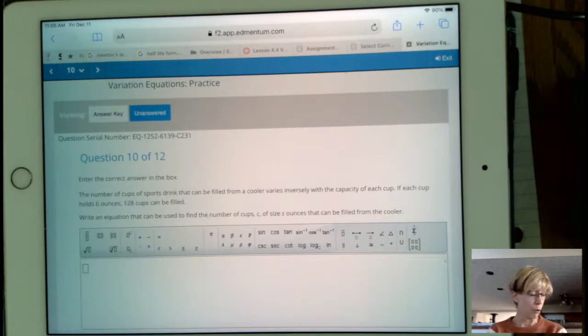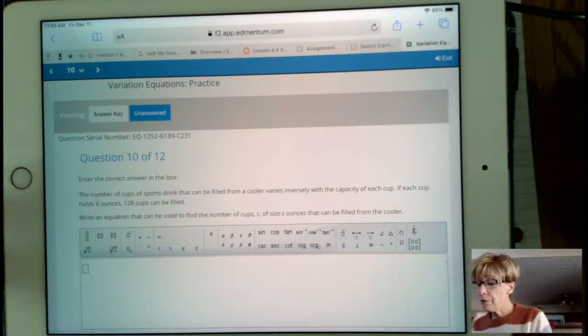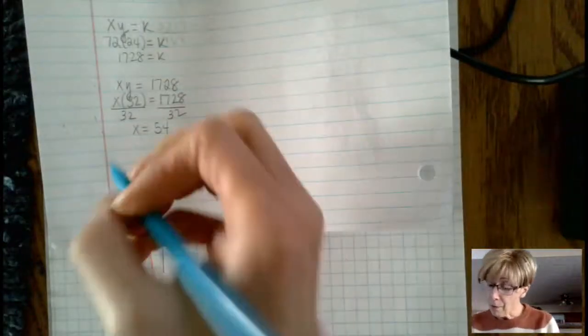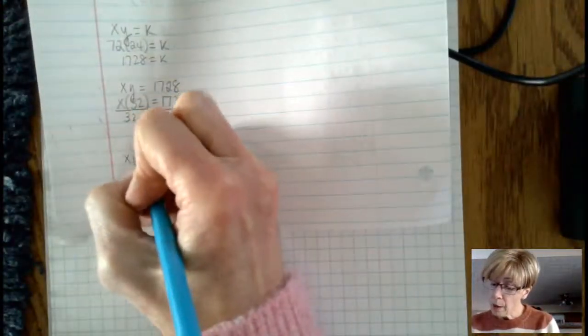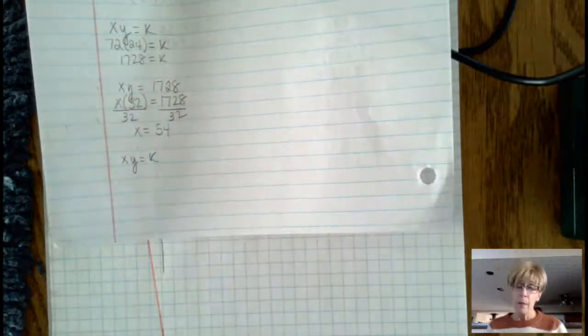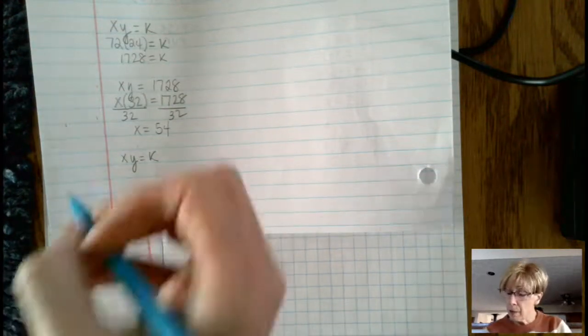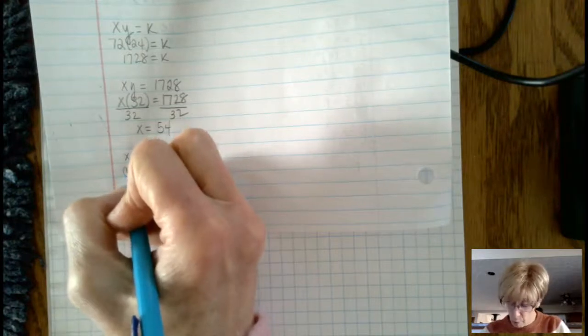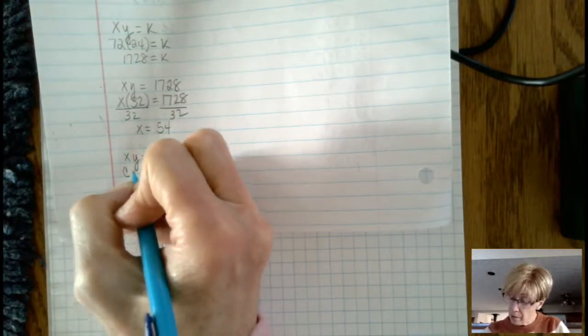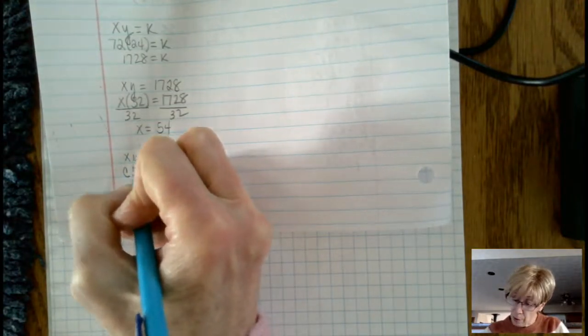And what we know is that if each cup holds 6 ounces, so that's the S, 128 cups can be filled. So we'll multiply those two together, and we can figure out what our constant of variation is by taking 128 times 6, and we get 768.